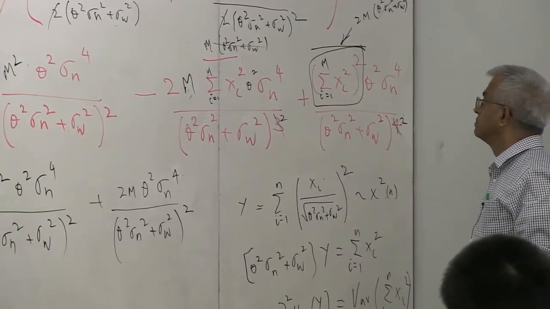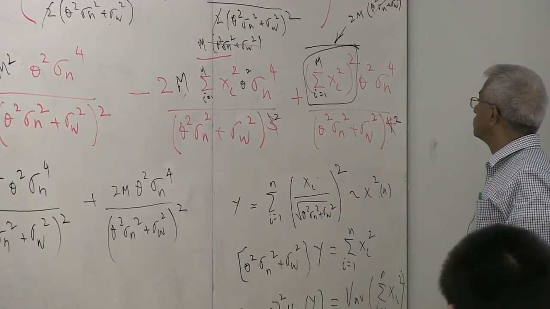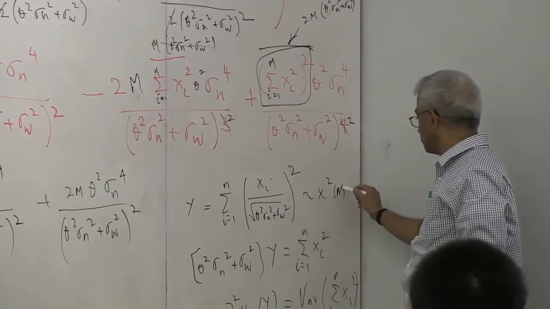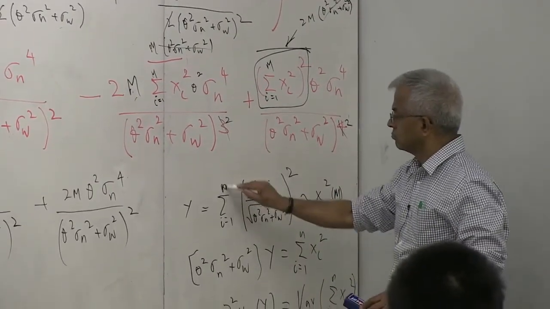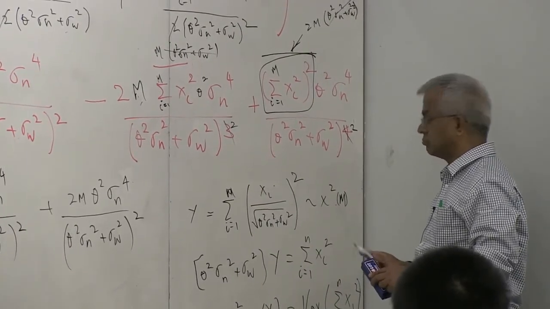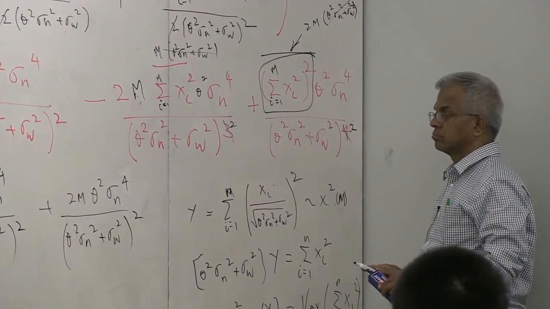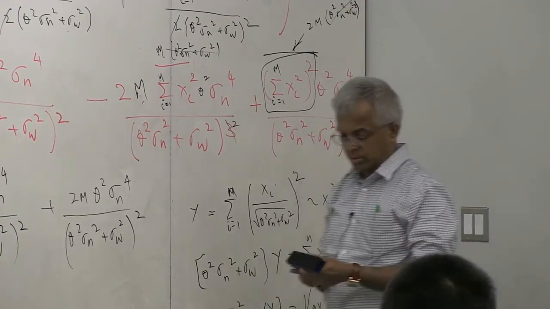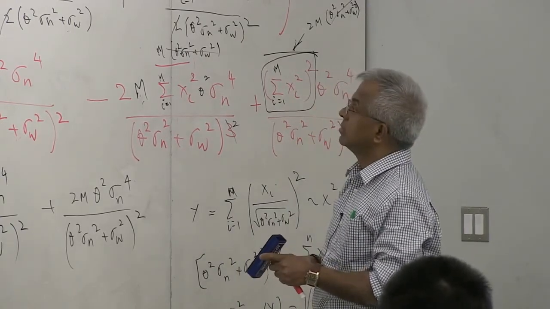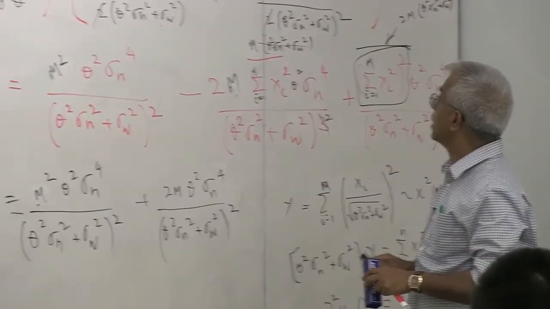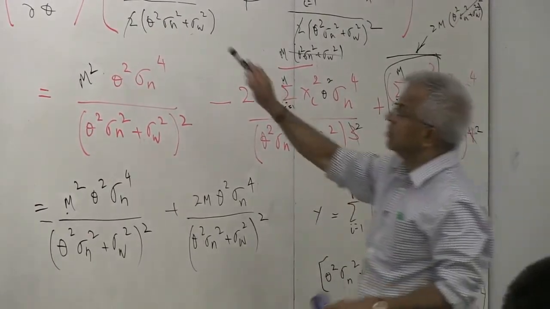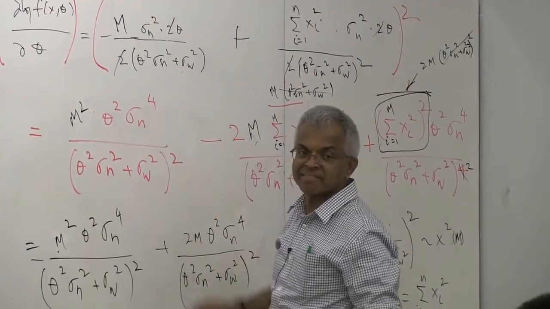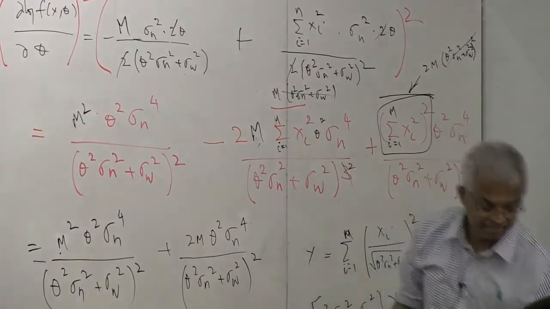I don't know. Let me see what answer I have. Is this right? Is this minus and plus, or does no one know at this point? That may be a double solution.